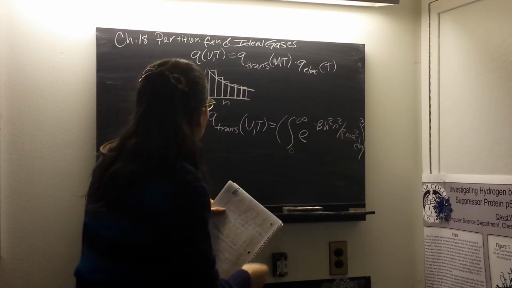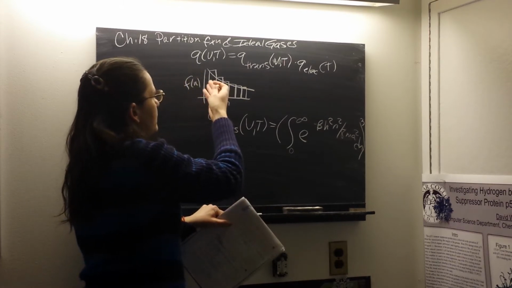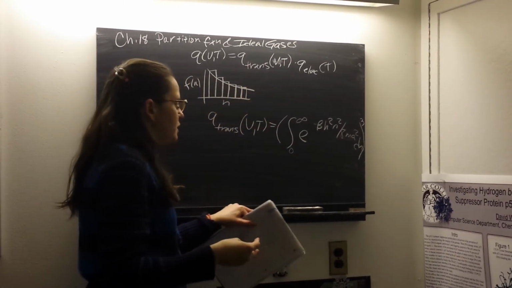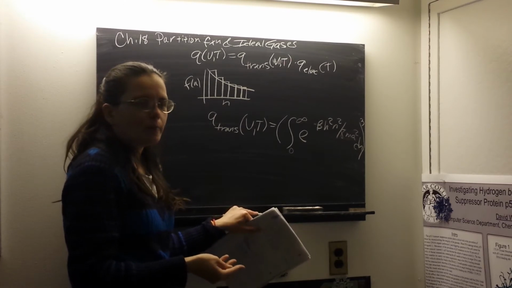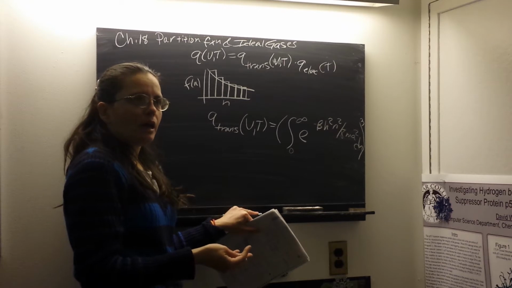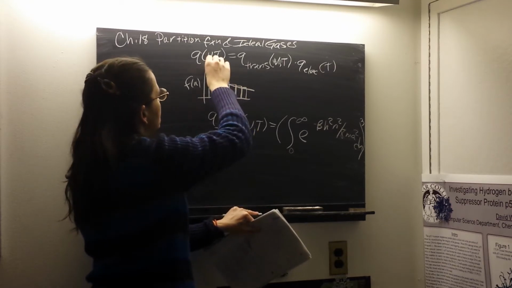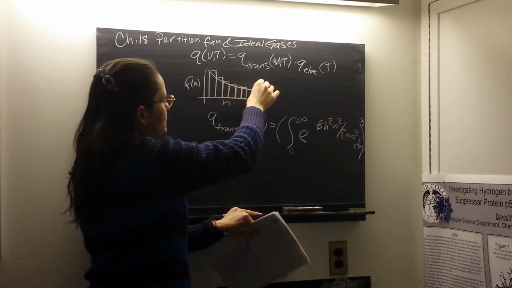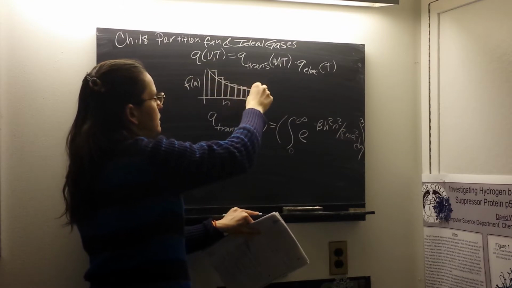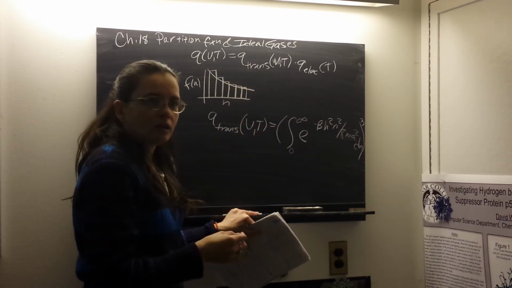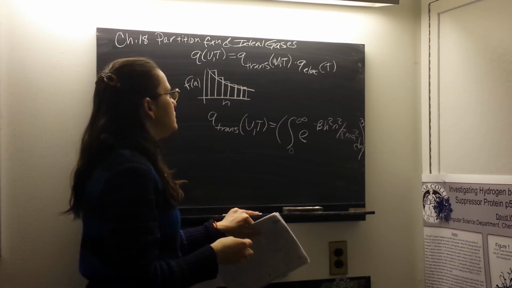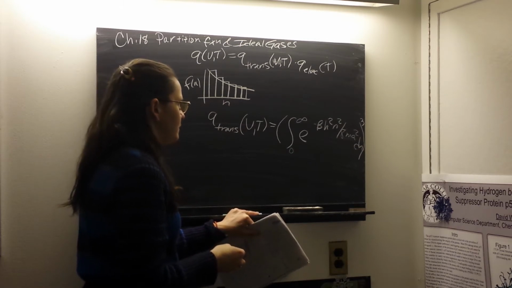Now the problem is that this yields a sum of many terms, and this sum is not convergent, so we can't solve it. In order to deal with that, we are going to fit this with an equation, and then if we integrate the equation, we would be able to get an answer. So this is the approach we are going to take in order to solve for the energy.